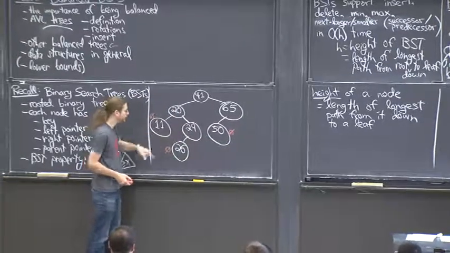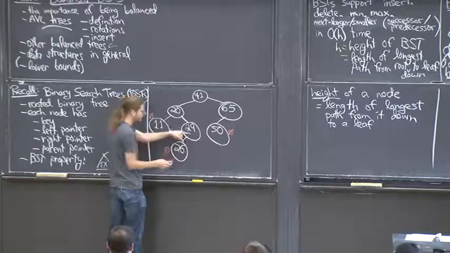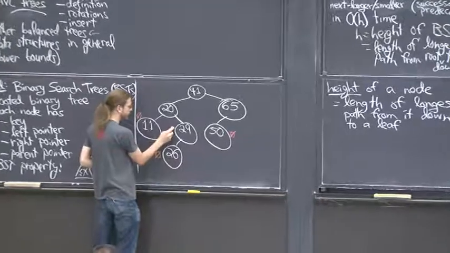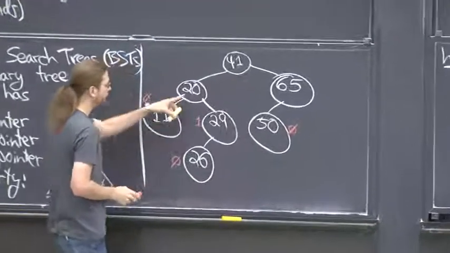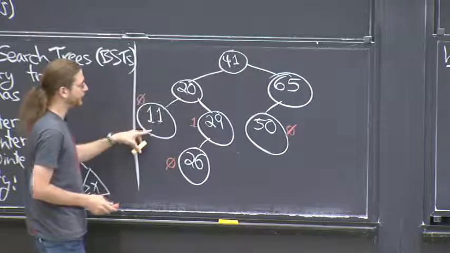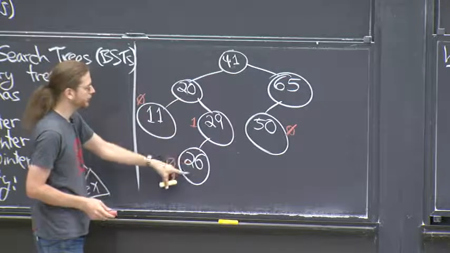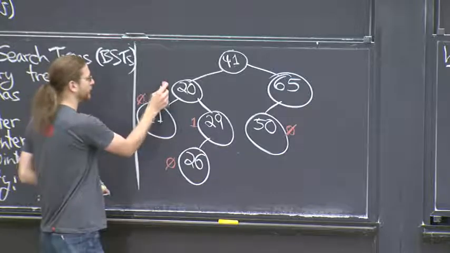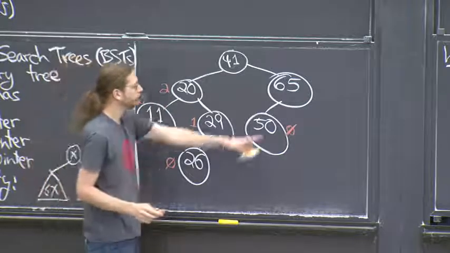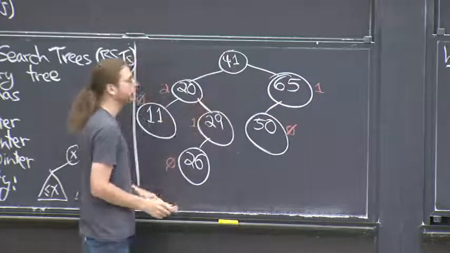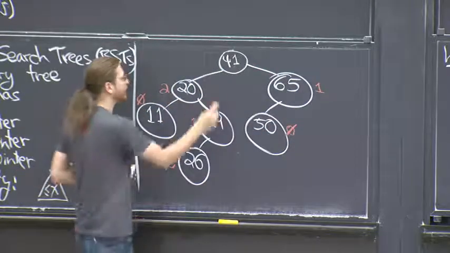It has a child, so it has a path of length 1 to a leaf. So it's 1. This guy has a choice. You could go left and get a path of length 1, or you could go right and get a path of length 2. We take the max, so this guy has height 2. This node has height 1. This node has height 3.